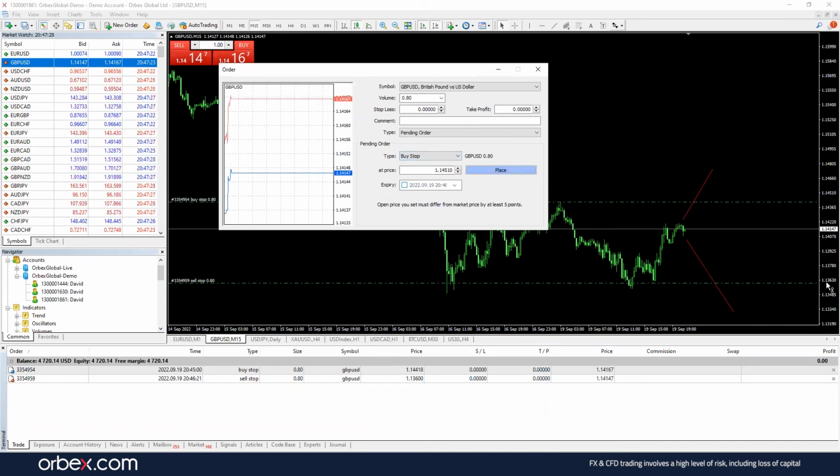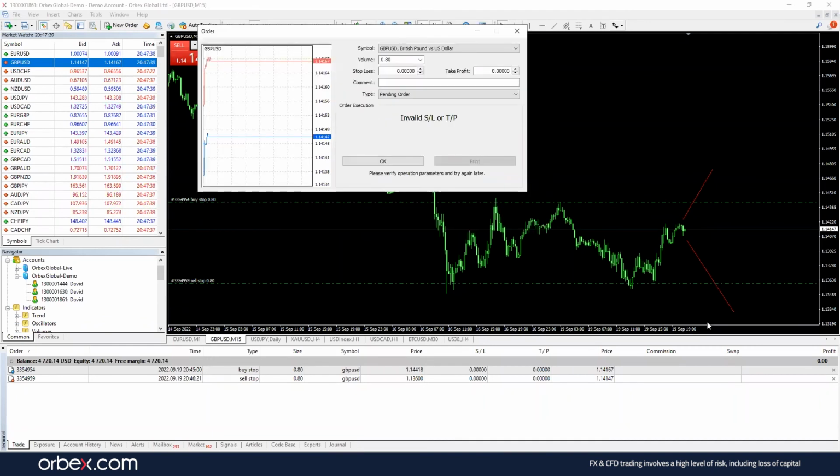So if we do 1.1360, which is below, it's going to give me invalid because I cannot place a buy stop below the bid line, the market price. It won't work. It's just incorrect. The buy stop has to be above and the sell stop has to be below. And this is why you're going to get invalid. So if you do see this message, it's most probably because it's the other way around.